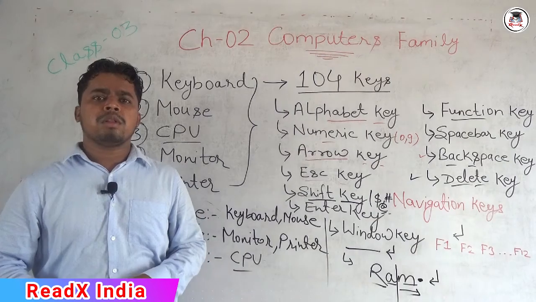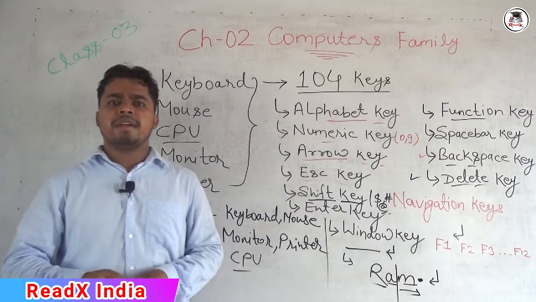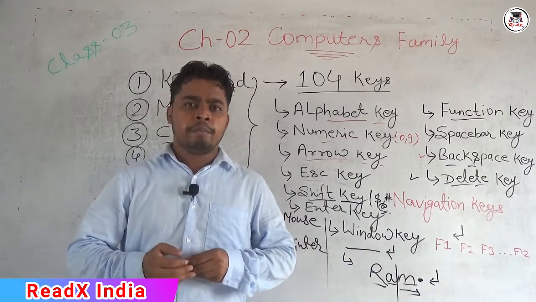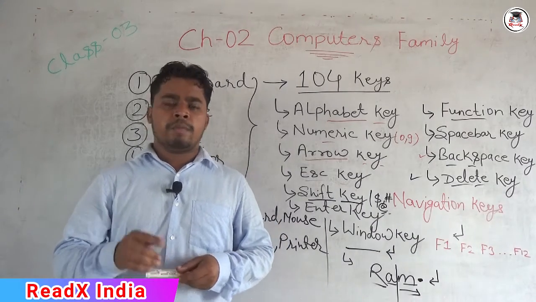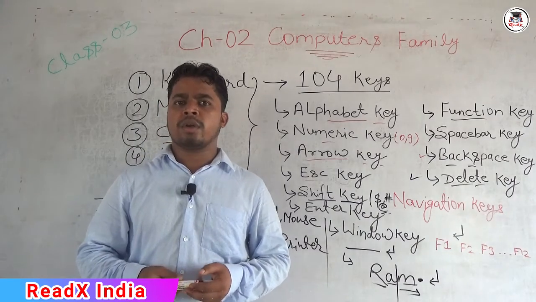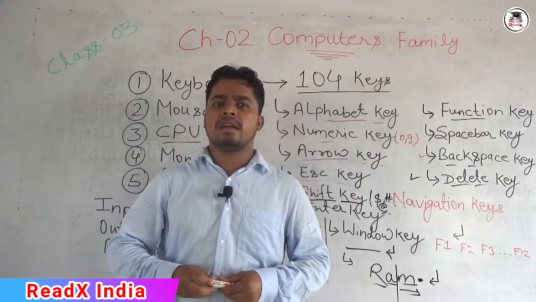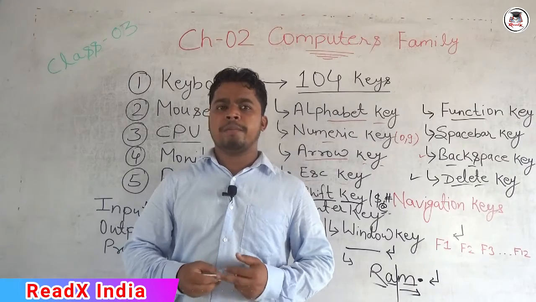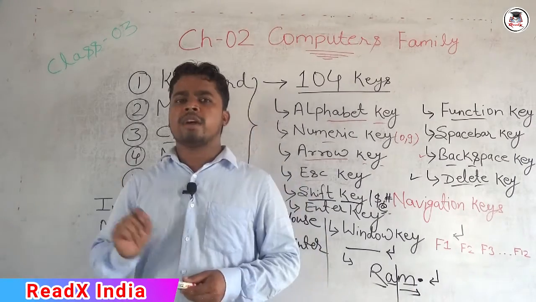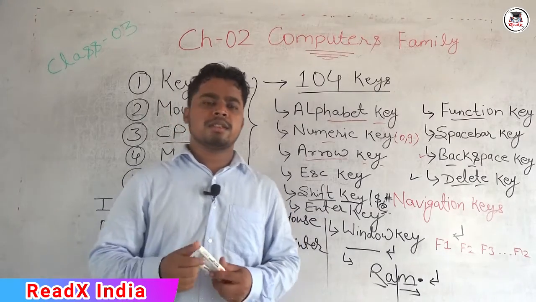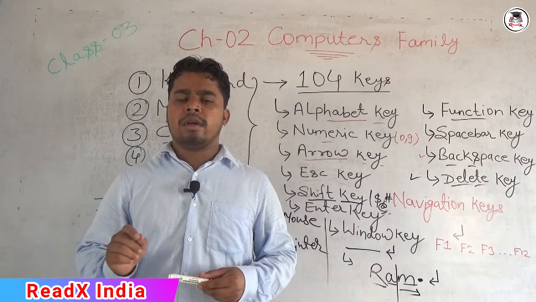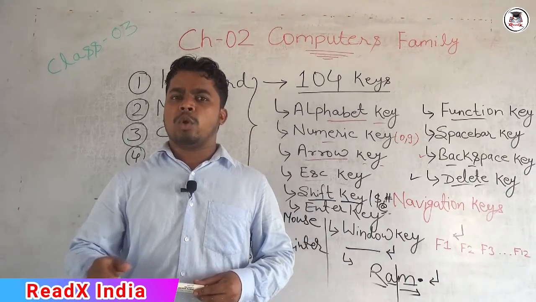Apart from all these, you will also find some other keys on your keyboard, like print screen, page up, page down, and different other keys. All these are the different keys present on the keyboard. Students, do not get confused: when we mention a key, don't think of a lock and key.